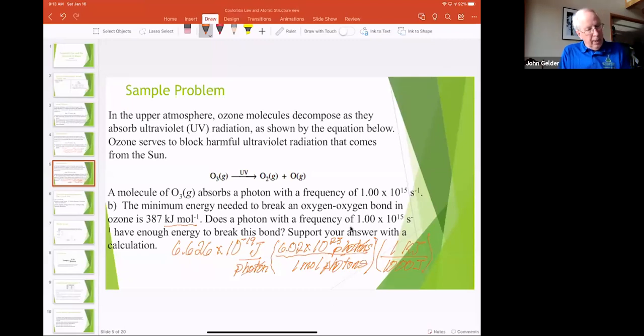And so there's a couple of things. Remember Avogadro's number, 6.02 times 10 to the 23rd, that's a count, it's a number for what a mole is. But the conversion from joules to kilojoules is a conversion that we have to know.